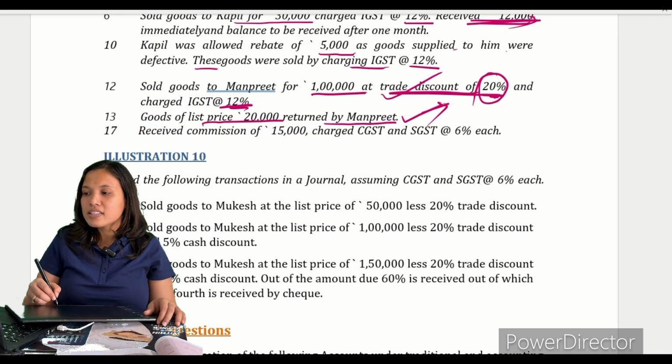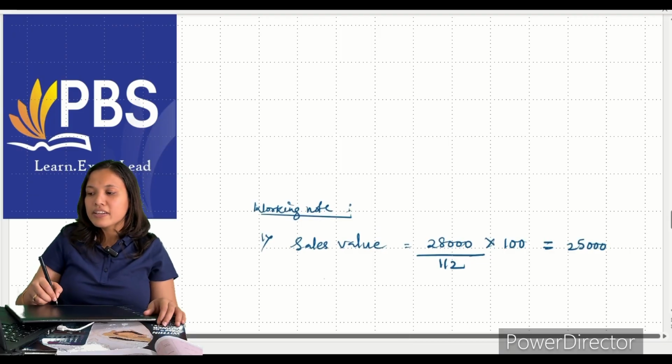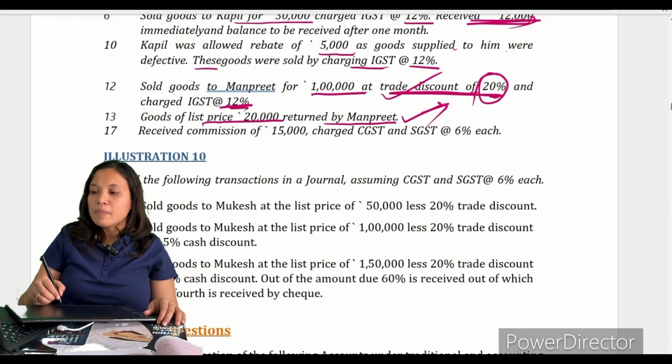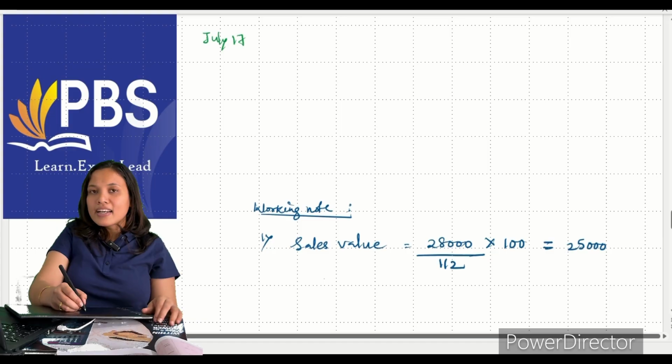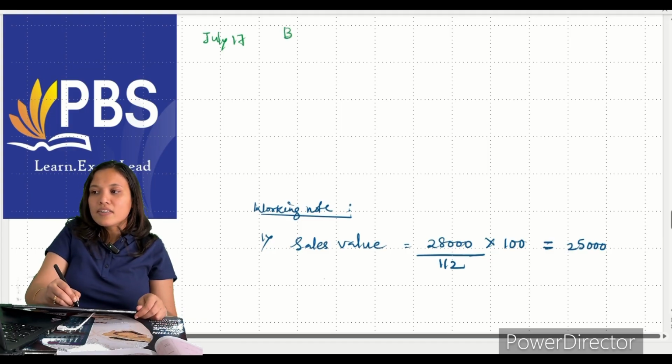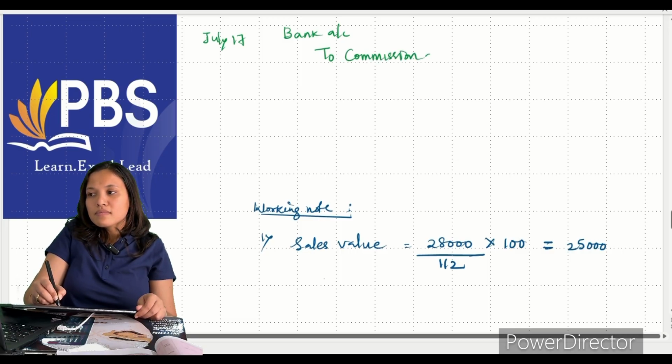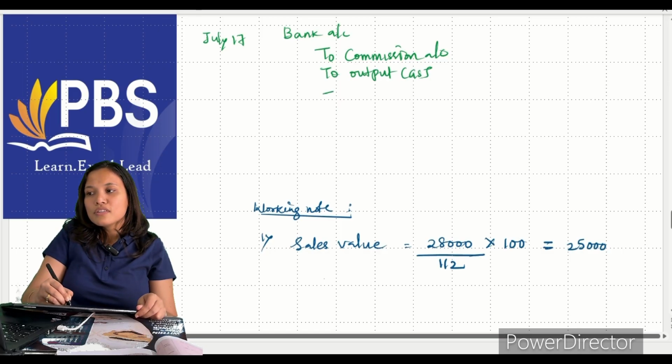Okay, now we have our last entry to make, and the last entry is received a commission of 15,000, charge CGST, SGST 6% each. I think very simple entry, 17th one, but it is income received. So July 17, commission received, incomes credit side. So bank account debit to commission account to output CGST to output SGST account.